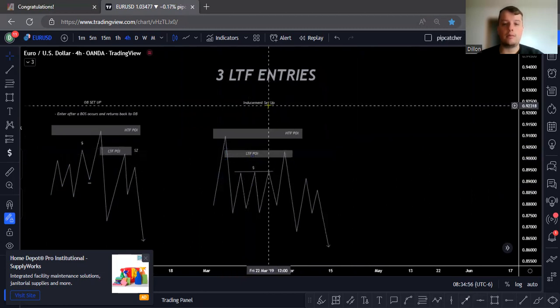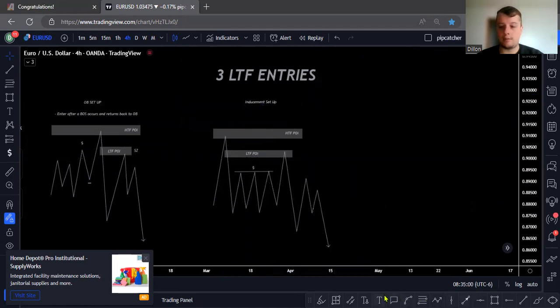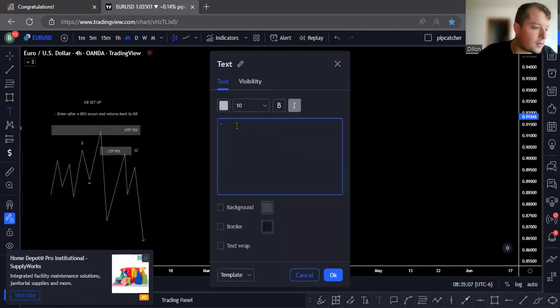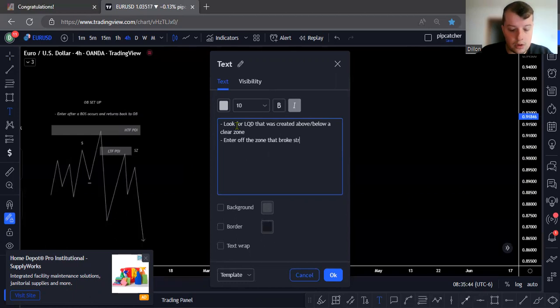So for this, you look for liquidity that was created above or below a clear zone, and then you enter off the zone that broke structure.